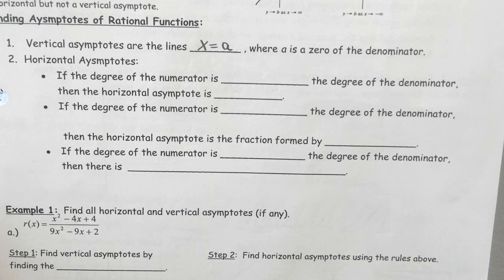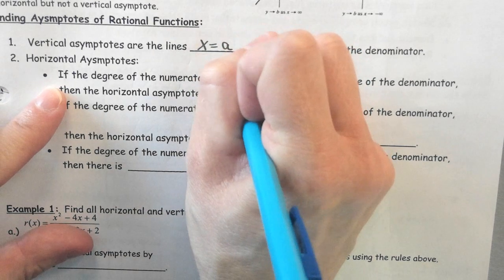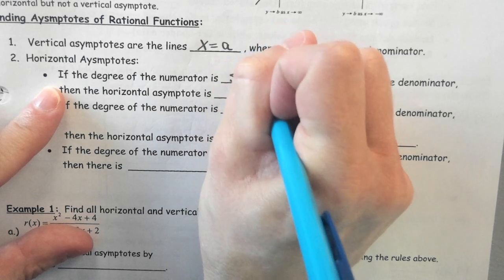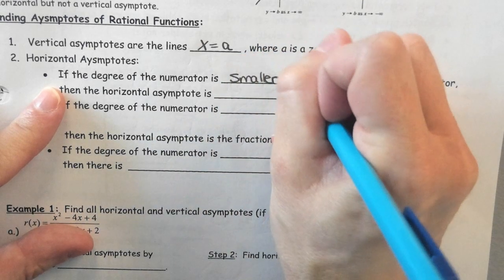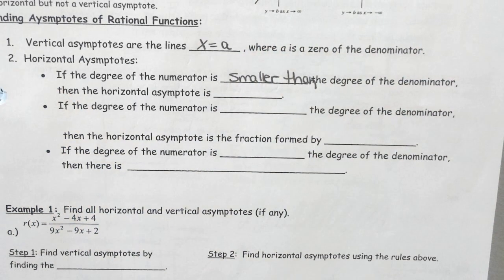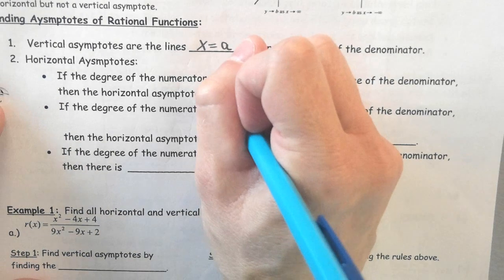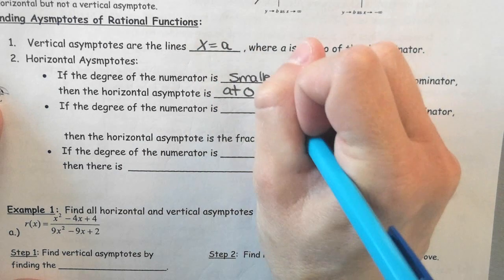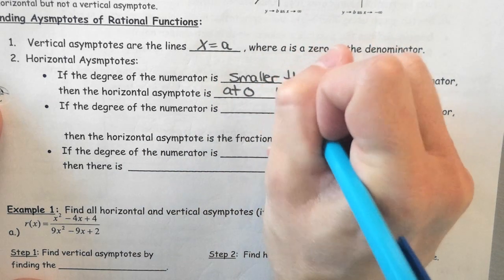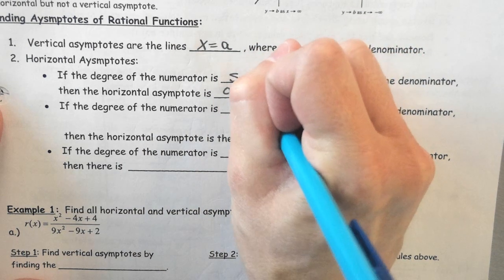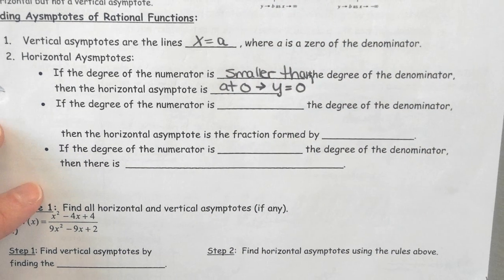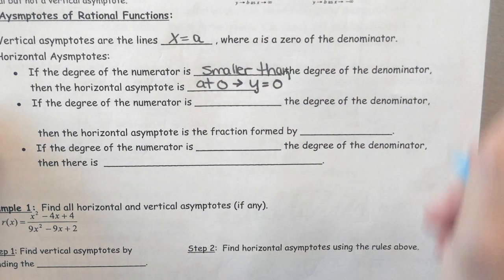So if the degree of the numerator is smaller than the degree of the denominator, the horizontal asymptote is at 0, meaning the horizontal asymptote is y equals 0. So let me show you an example of what that could look like.